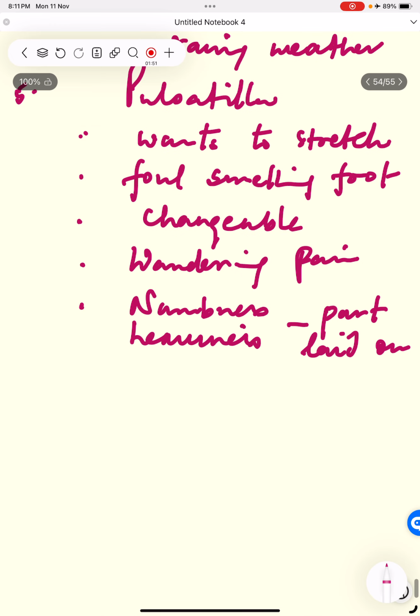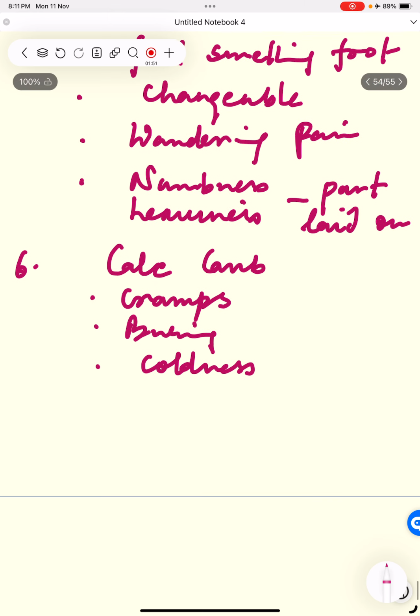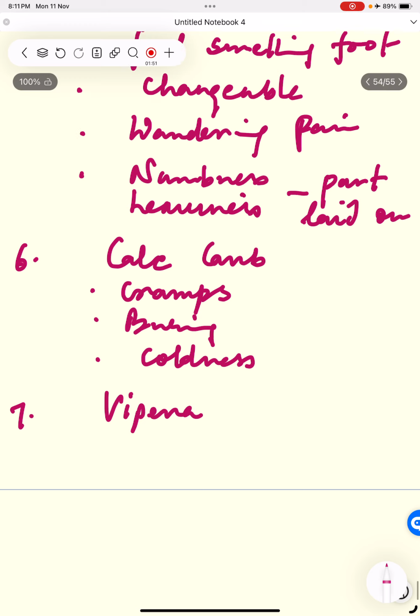Another remedy that you can think of is Calcarea carbonica, where patients have a lot of cramps and burning, and of course the patient will generally be of a chilly nature. Last but not the least, an extremely wonderful remedy is Vipera.